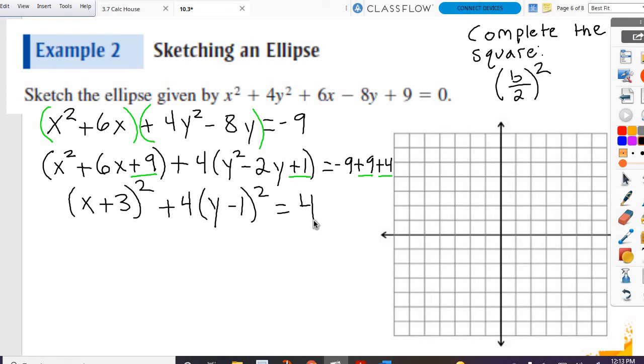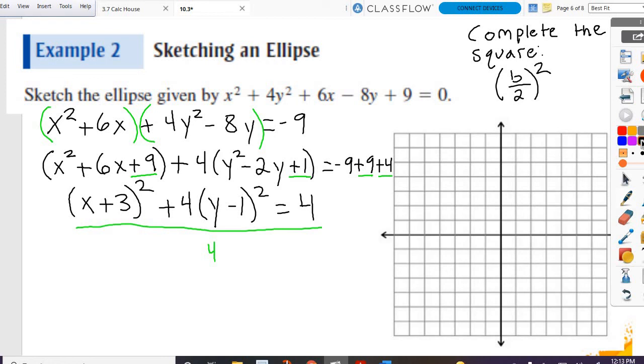Not quite. We got the perfect squared part now, so that's good. But what does our formula equal for our standard form? It needs to equal 1. So what do we want to do? We just want to divide everything by 4. And that's also how we're going to end up with the fractions over here on the left.